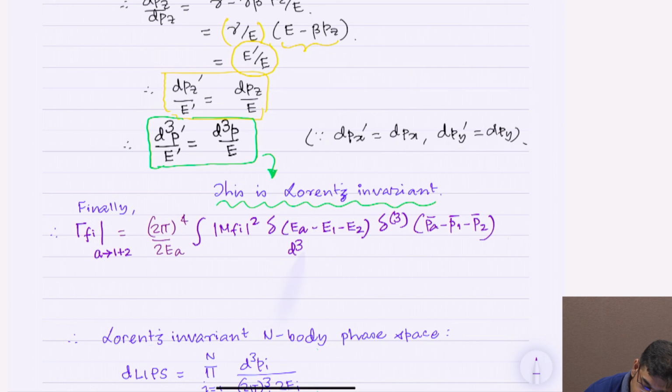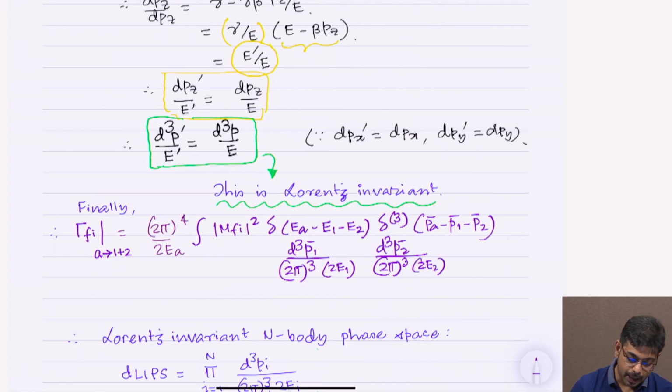So, which is d cube P1 by 2 pi whole cubed into 2 E1 into d cube P2 by 2 pi whole cube into 2 E2. All right. So, this is the expression that we have.